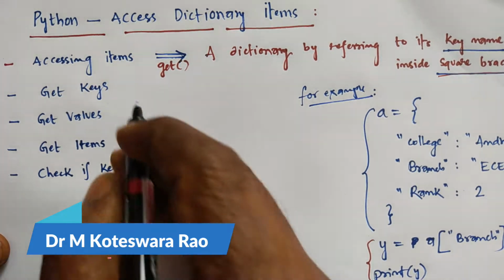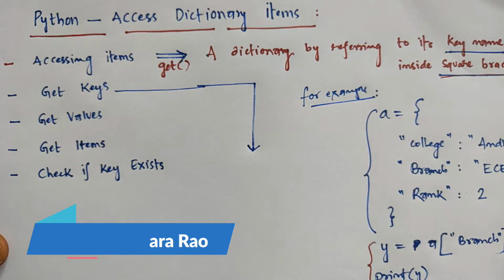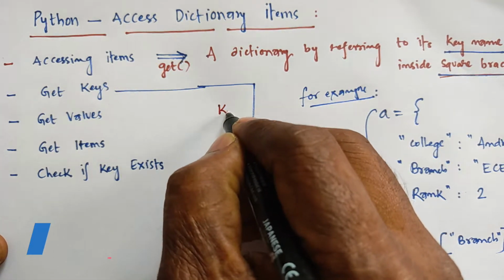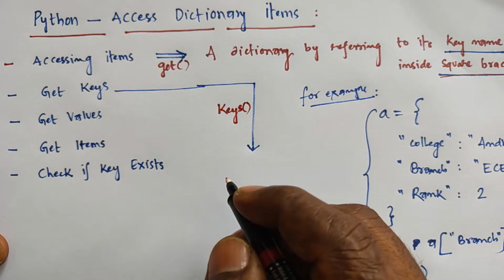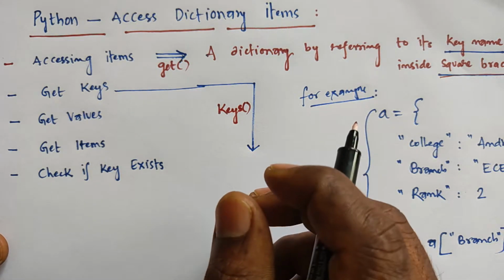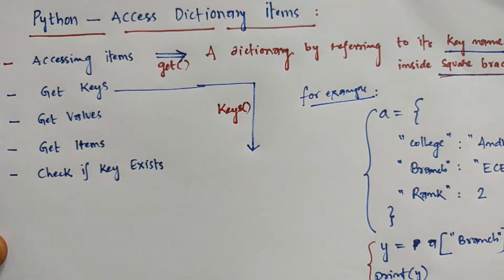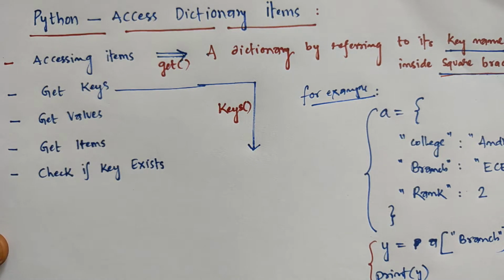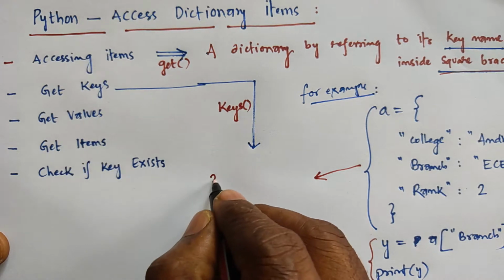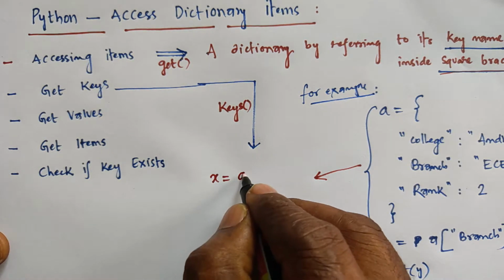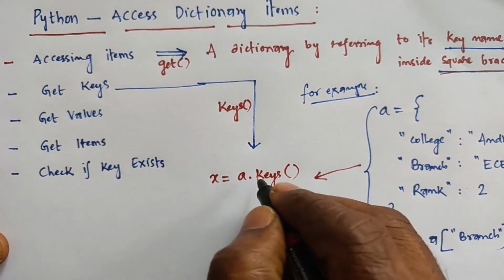Next one is get keys. The instruction is keys with parentheses, keys(). That method returns a list of all keys in the dictionary. With the same expression, x is equal to a dot keys in parentheses, with a small k.